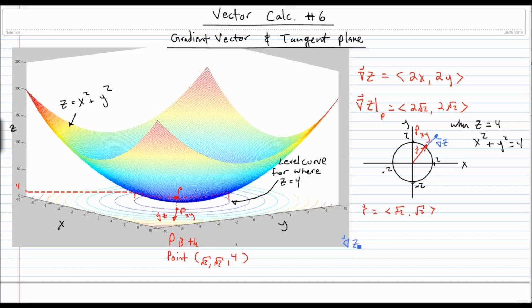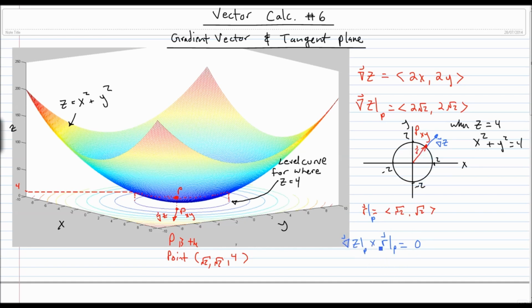the gradient of z at the point P, and I take its cross product with this position vector here, I know that I purposely picked this example where all of my gradient vectors are going to be pointing in the same direction as any position vector that points to any point on the level curves.